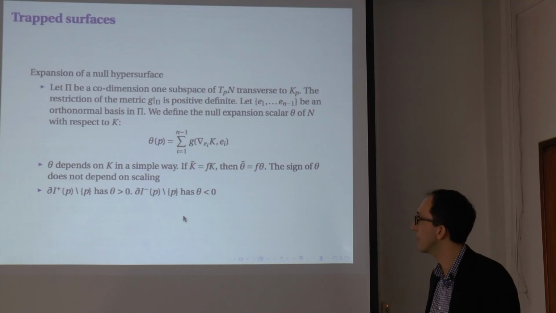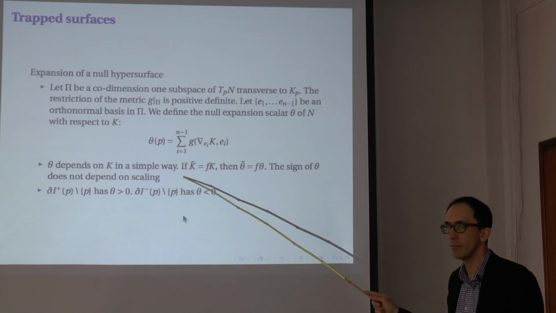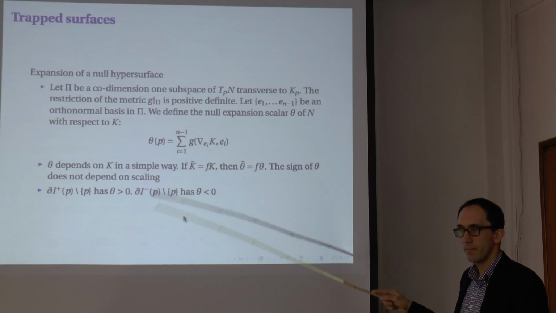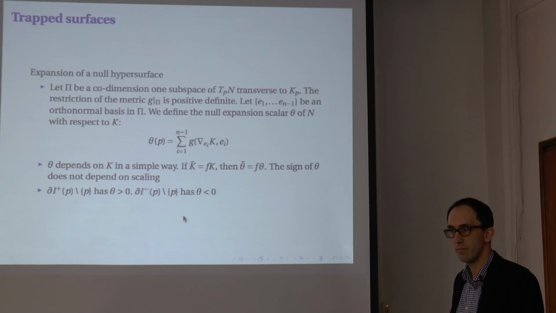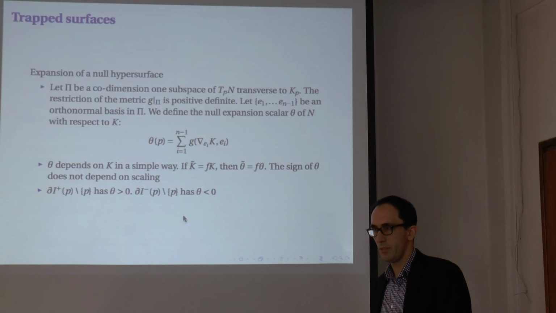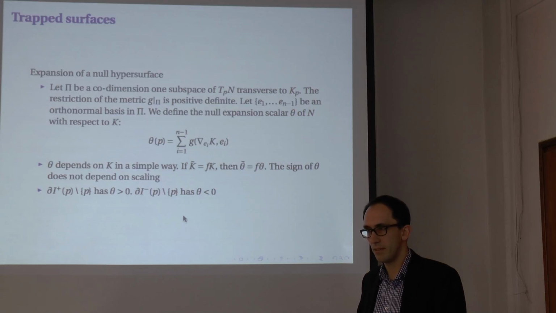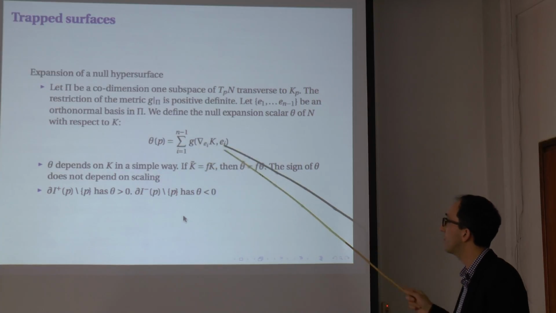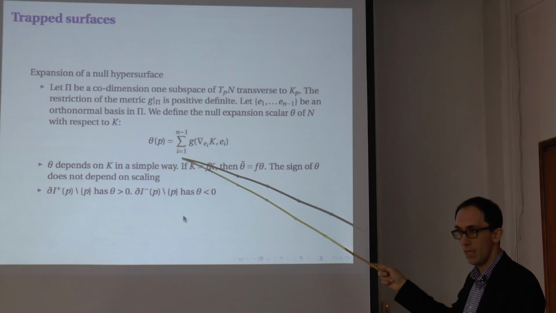The sign is invariant, and this follows from a very simple scaling property. There is no possibility to normalize the null vector. K is a null vector, so you can multiply it by any constant and it's still a good null vector, and this is reflected in the scaling behavior of theta.